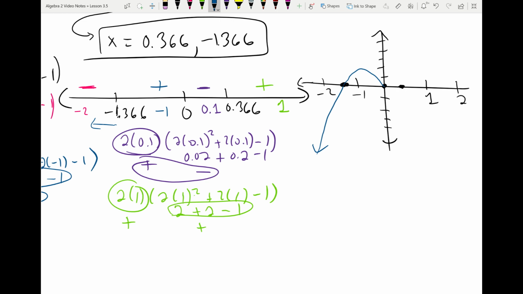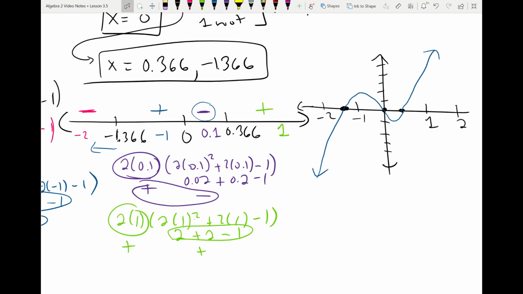And then between 0 and 0.366, it's negative, so it's below. And after 0.366, it's positive, so it's above. So probably something like that. And that's our basic sketch of that. So again, just a sketch.